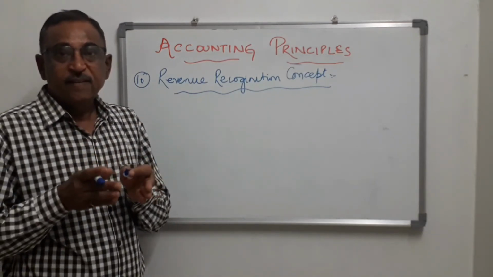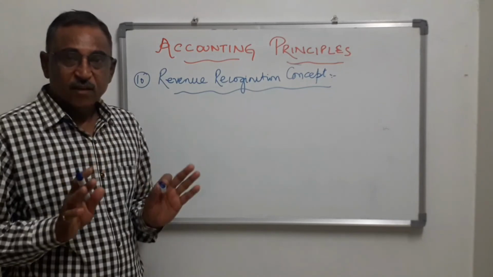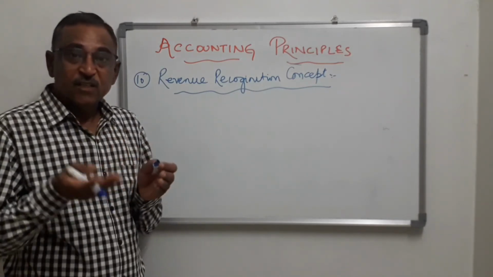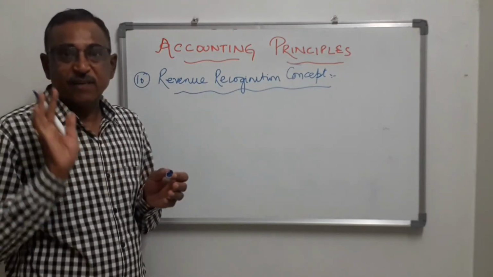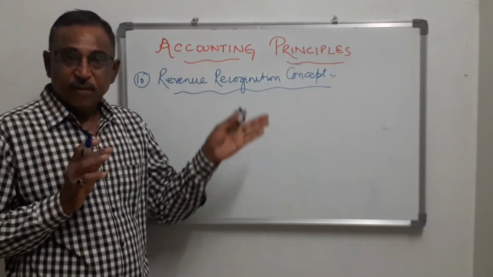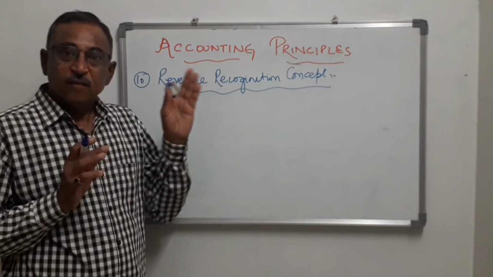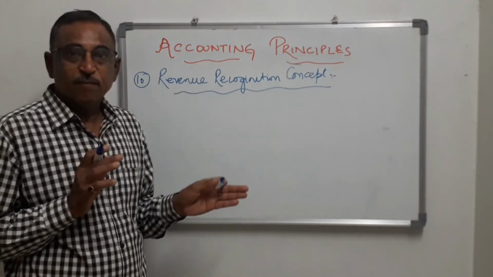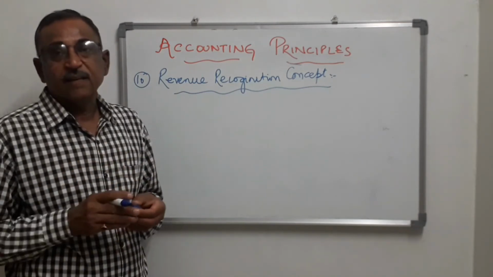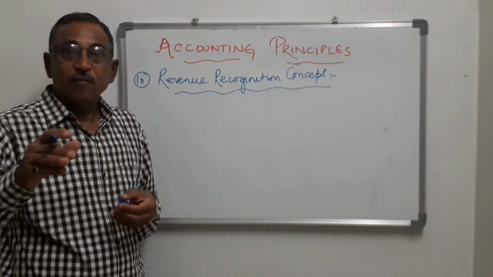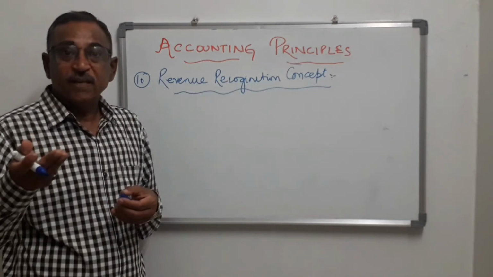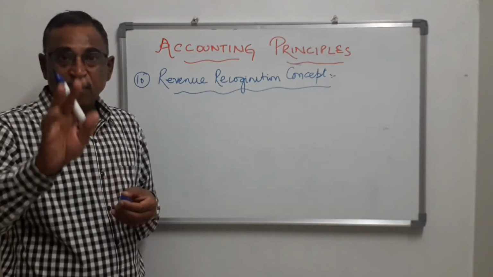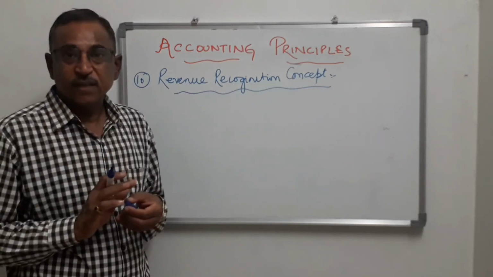Okay, so understood? Revenue will be recognized when an obligation to receive is established. In the previous example, you received an obligation in the month of December, and in my current example, you will get the obligation to receive only in the month of March. You have got advance. That is a different issue. Clear?